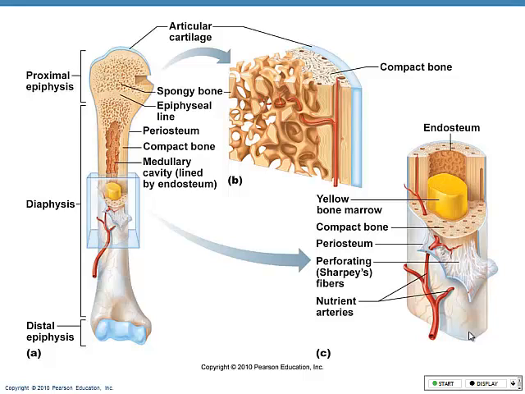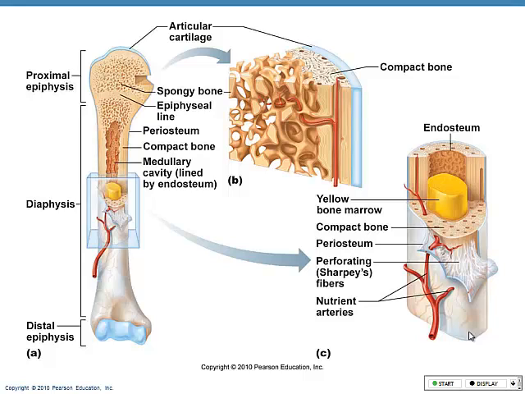So, red bone marrow we're typically going to find in the little spongy spaces of spongy bone at the ends of bones and in flat bones. Ever look at a sponge at home? If you get really bored, go look at your sponge. It looks like that, doesn't it? Little pores and holes where the water feeds in.